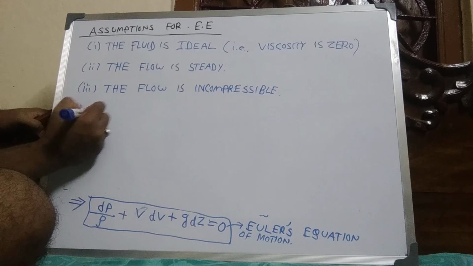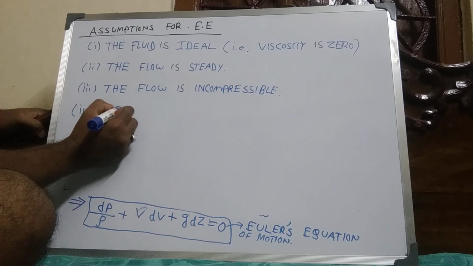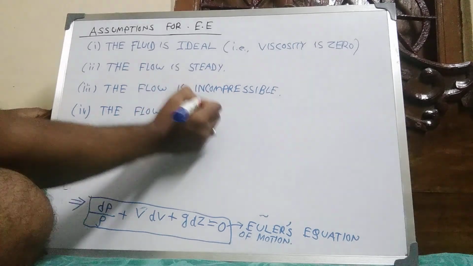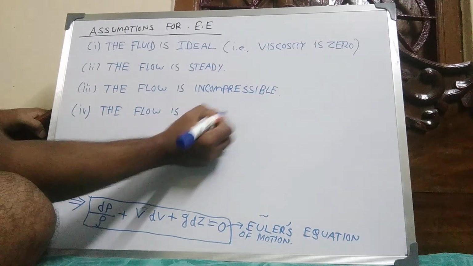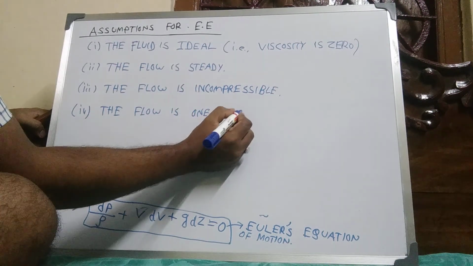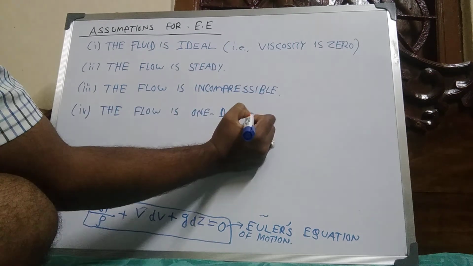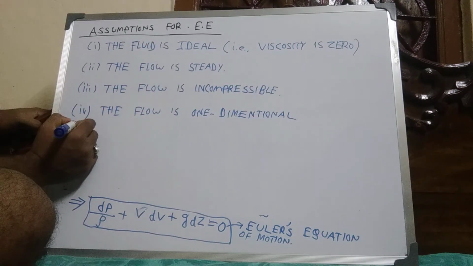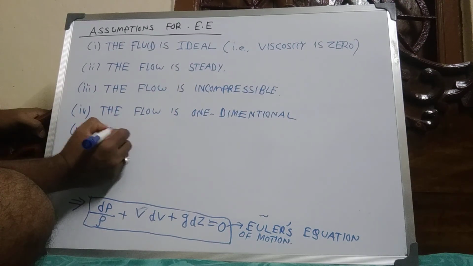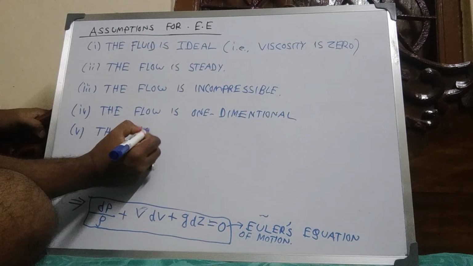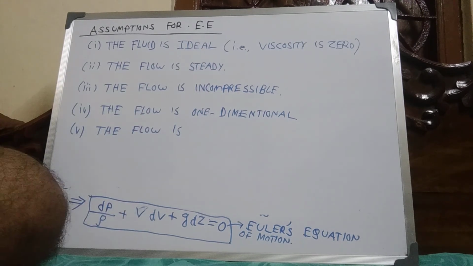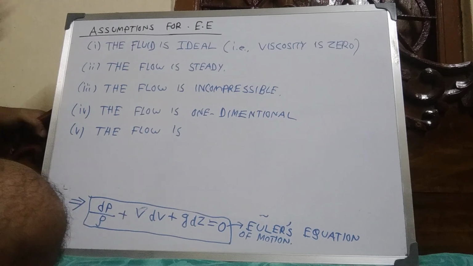Number four, the flow is one-dimensional. Number five, the flow is laminar or streamline flow.